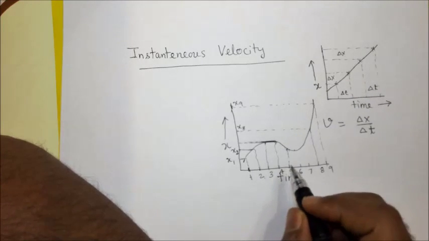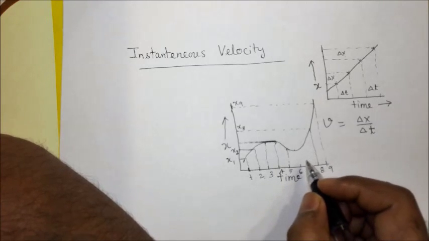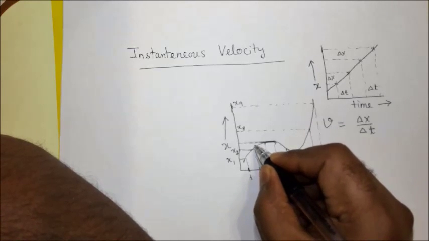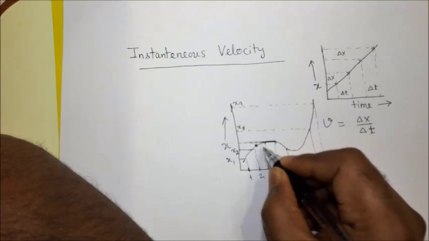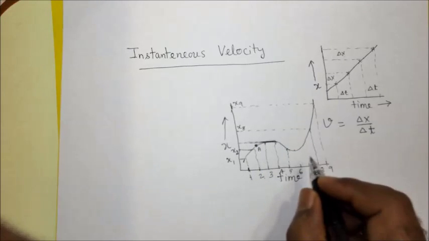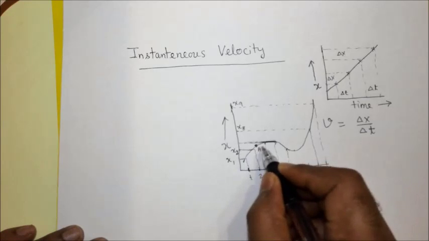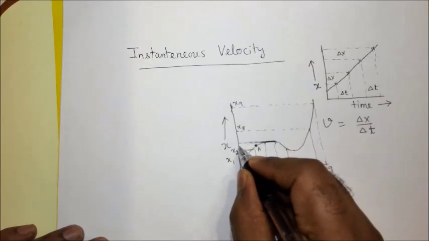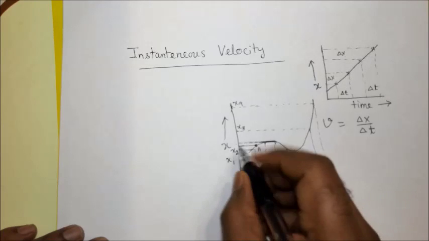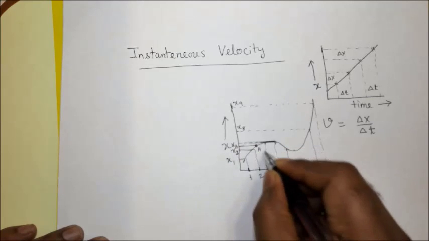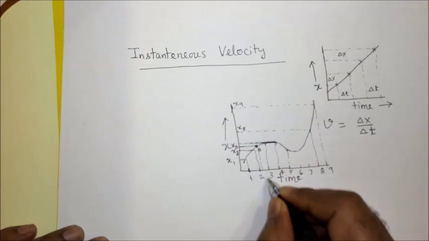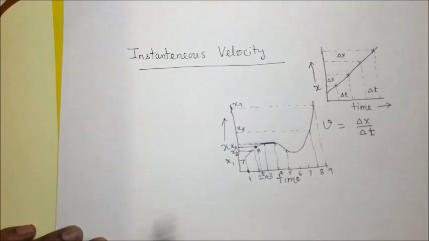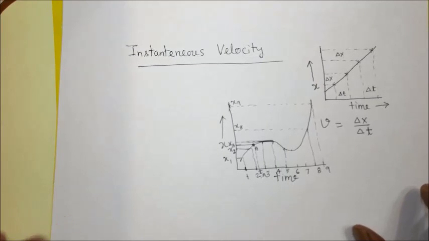So here what we can do, we can find the instantaneous velocity. Instantaneous means I choose an instant. Suppose I want to know what is the velocity at this point A, and this position is x A and this is t A. Okay, what is velocity at point A?